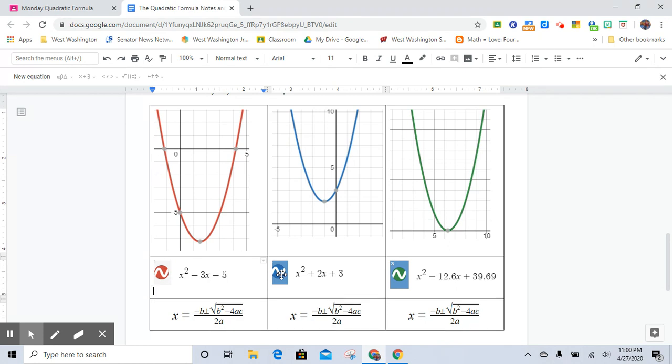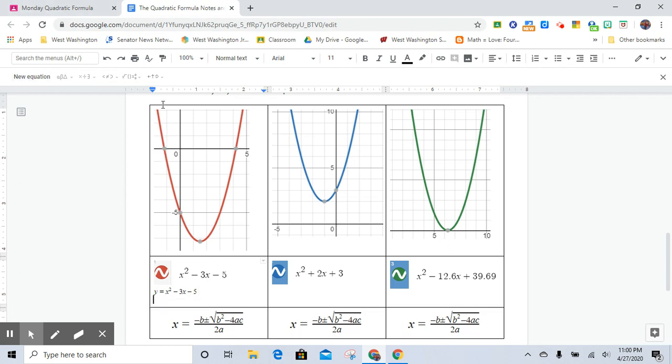So if we wanted to know when the elevation would be 0, then that would be 0 equals x squared minus 3x minus 5. And so that's where we get this whole solving thing from, determining what the roots, solutions, or zeros are on a parabola.